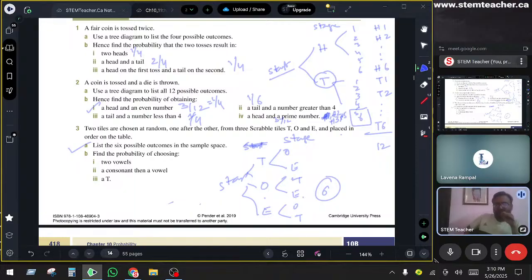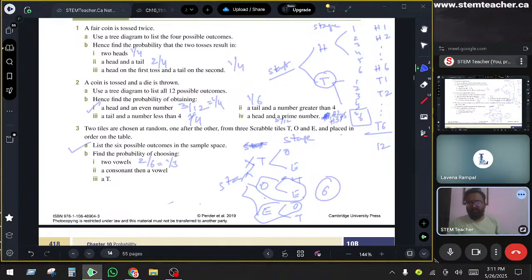He is asking for two vowels, and we have E, O. The pair should come. TO fails in the first case. EO, OE. So only two are favorable out of 6. 2 by 6, which is 1 by 3.